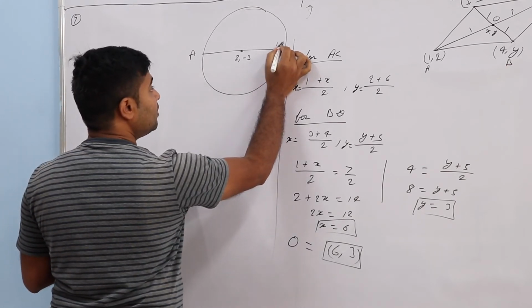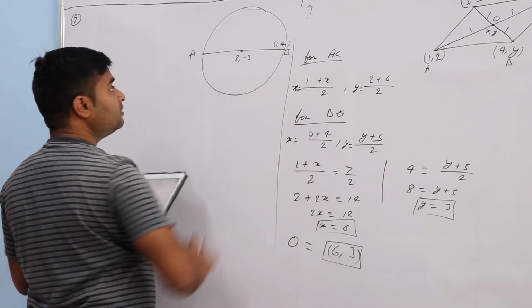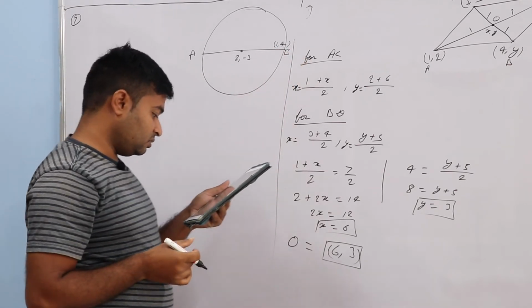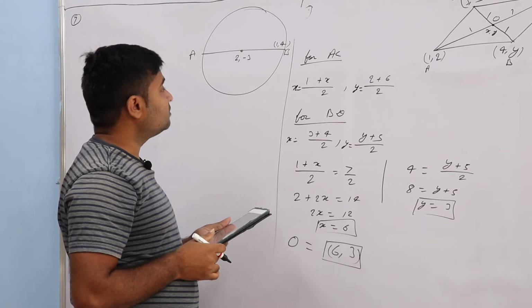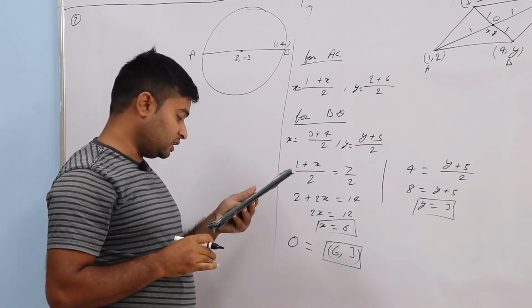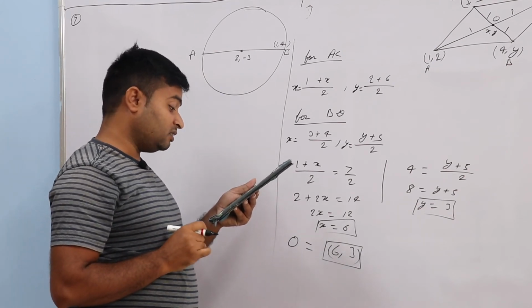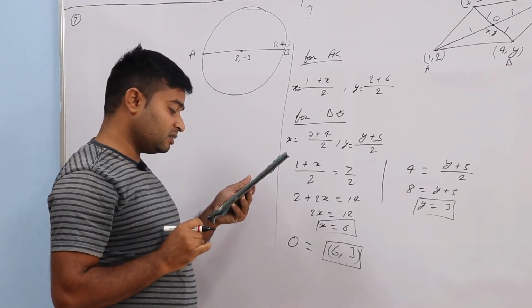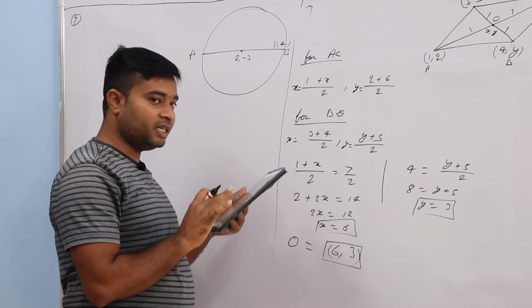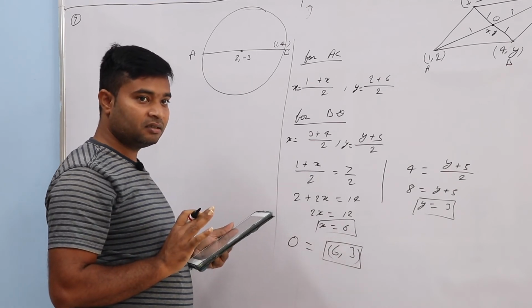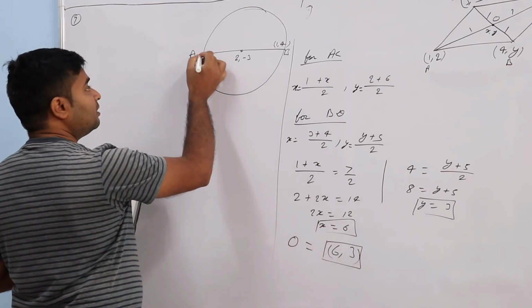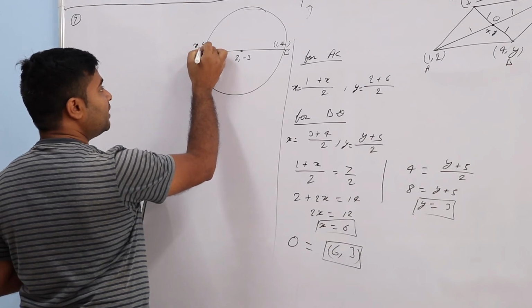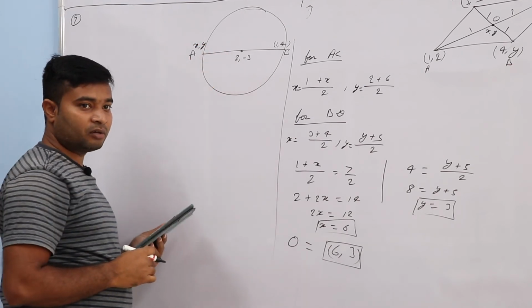Then what should we find? Read the question again: find the coordinate of point A. Center is given and point B is also given. So this is what you should find, so write it as x comma y.